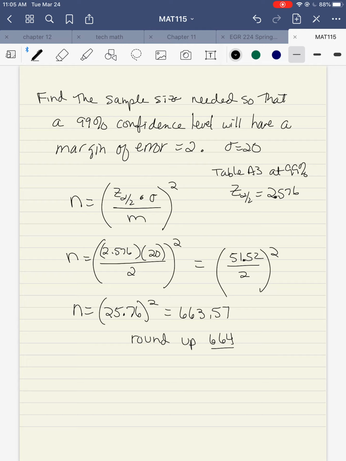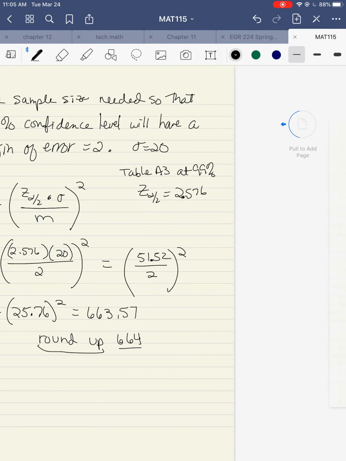So it's 2.576 times 20 divided by 2. 2.576 times 20 is 51.52. 51.52 divided by 2 is 25.76. When I take 25.76 and square it, I get 663.57, and whenever I'm looking for the n, this is always a round up, so I round up to 664.